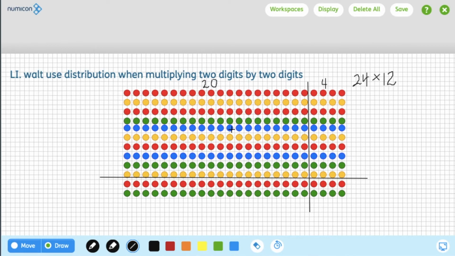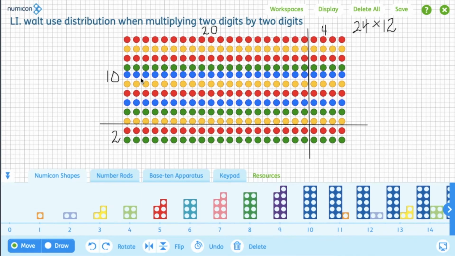Okay, so now I've got 4 different arrays, with a 10 and a 2 here. Okay, so if I'm looking at my array now, I've split it into 4 separate ones. So I've got 20 across the top times 10. I have 4 across the top times 10.